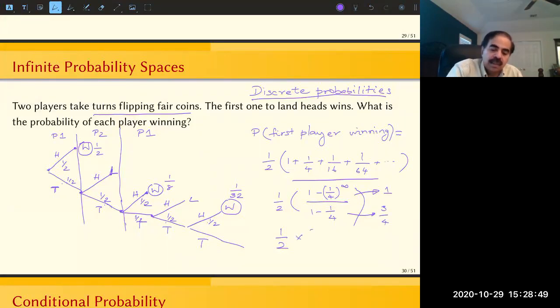So you divide by 3/4, which means that you multiply by 4/3.